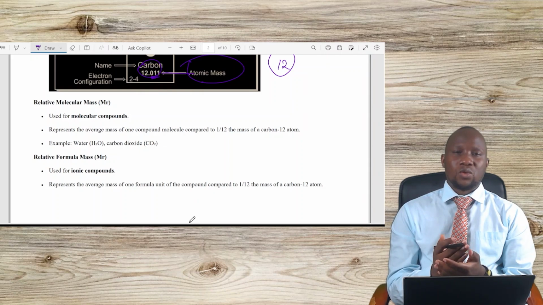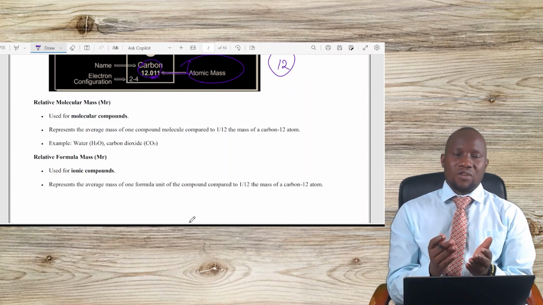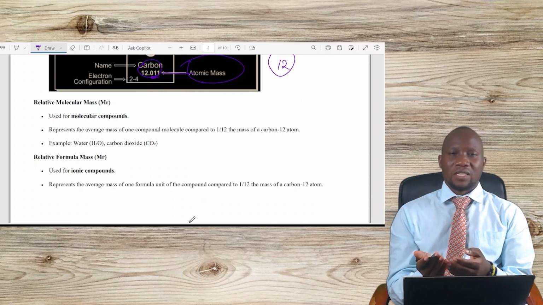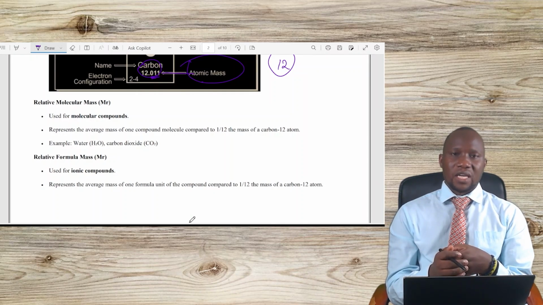A molecular compound is basically formed when you have non-metals combining together, for example, hydrogen combining with oxygen to form water. Water is a molecular compound, right?